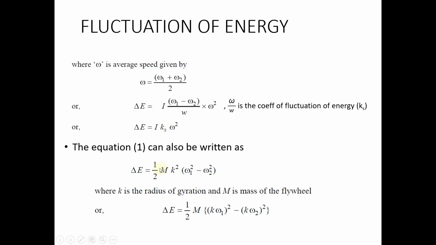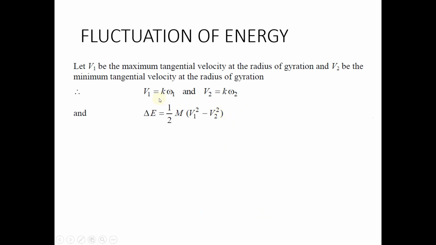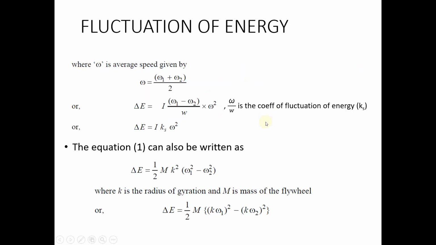And again another equation we can write is delta E is equal to half m into k omega 1 the whole square minus k omega 2 the whole square, which can again further be simplified as delta E is equal to half m into v1 square minus v2 square. m is the mass and v is the tangential velocities. v1 is the maximum tangential velocity, v2 is the minimum tangential velocity. So these are the different expressions which we can use to represent the fluctuation of energy in a flywheel.